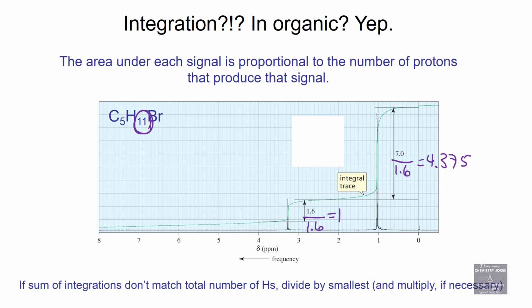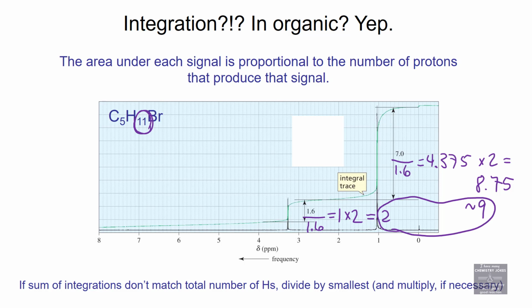So I find a multiple that after I multiply these numbers by that number, I get a sum of 11. That's really not a great explanation, but if I multiply this number by 2 and that number by 2, I get 2 and 8.75. 8.75 can be rounded to 9. So 2 plus 9, that does represent my 11 protons.